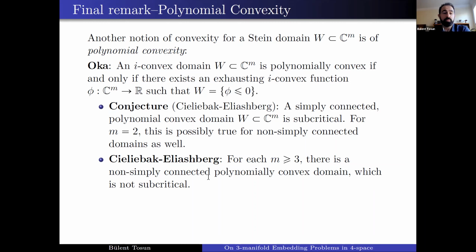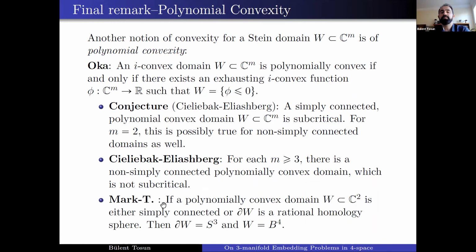So what I would like to say here, just as a remark, is that we can verify a weak form of the conjecture by Cieliebak and Eliashberg. Namely, if you are given a polynomially convex domain in C^2, if it is simply connected, or if the boundary is a rational homology sphere, then such a domain has to be just a 4-ball, and in particular the boundary has to be S^3.